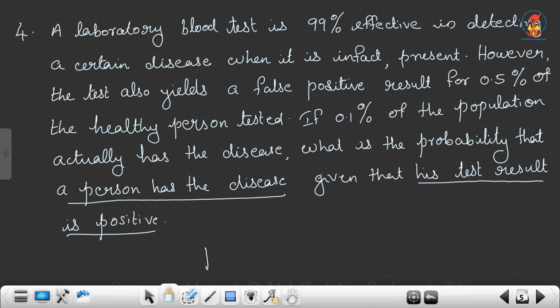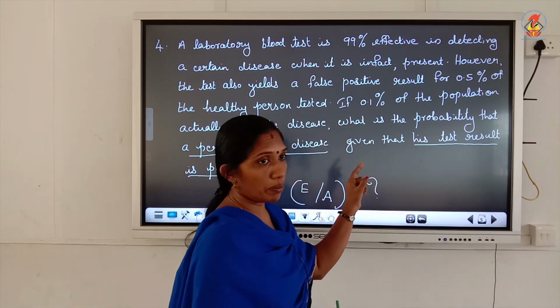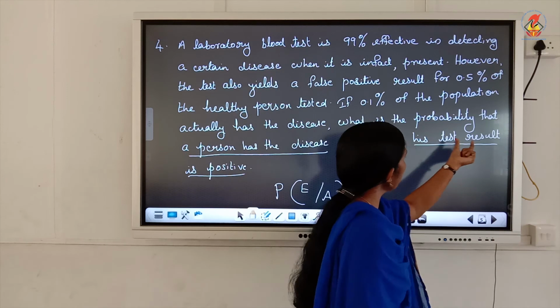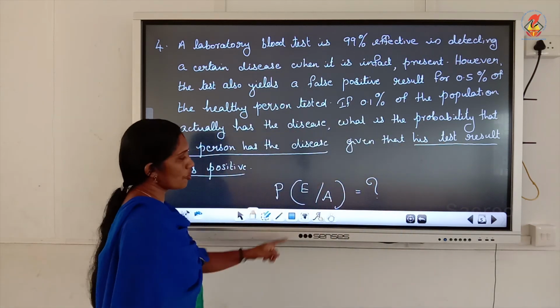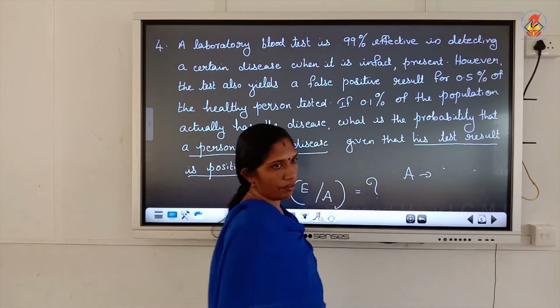Okay, so that means we have to find P of E given A. Usually the notation is E in the numerator and A in the denominator. So here, what is A? Given that is in the denominator, a conditional probability. So given that his test result is positive, we can define A as the test is positive.